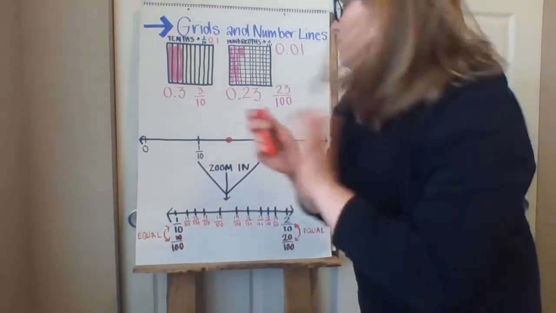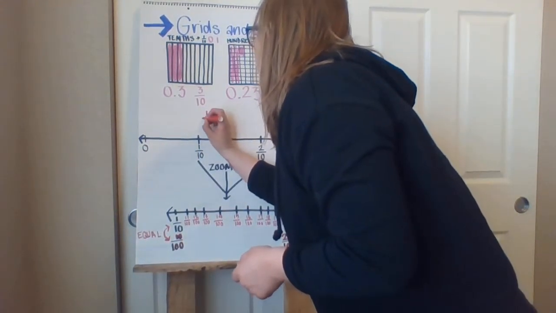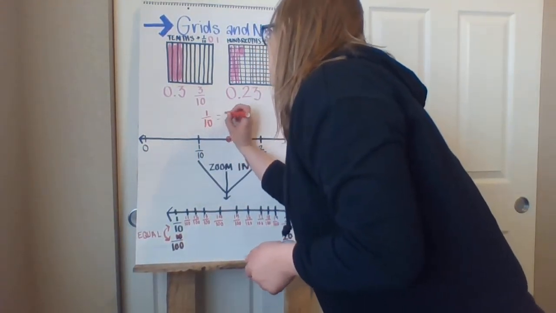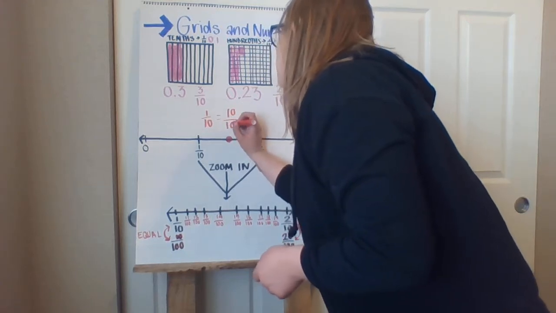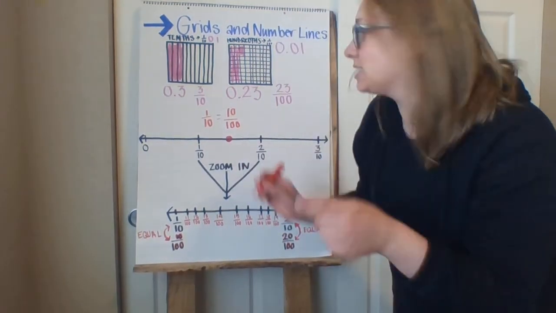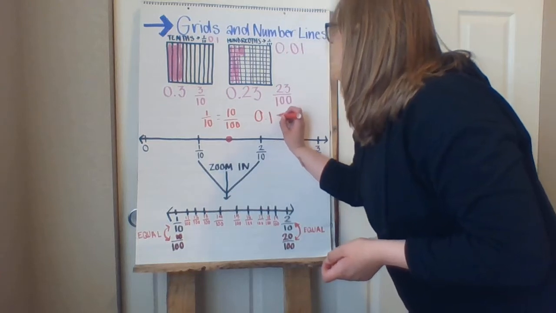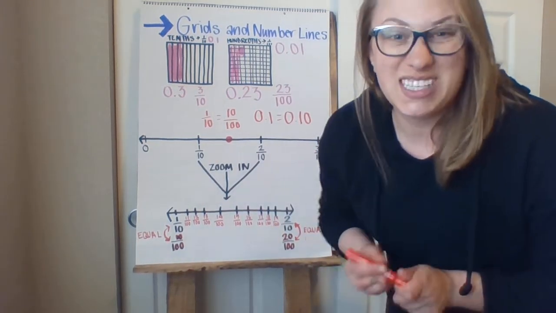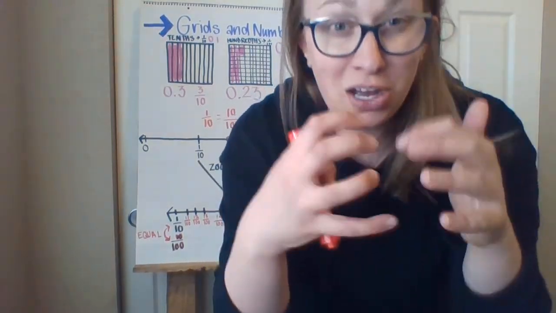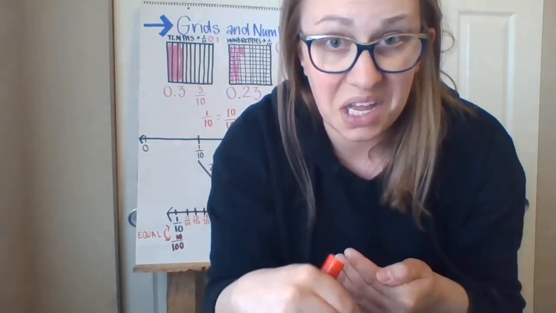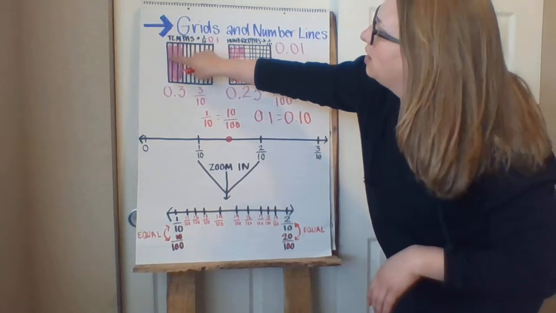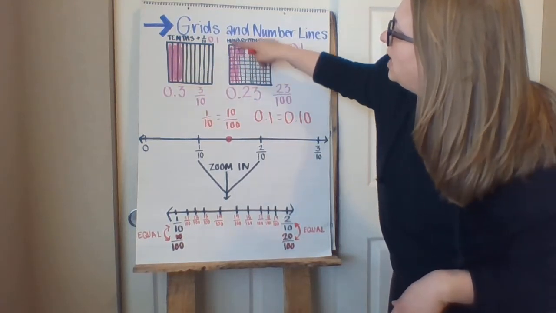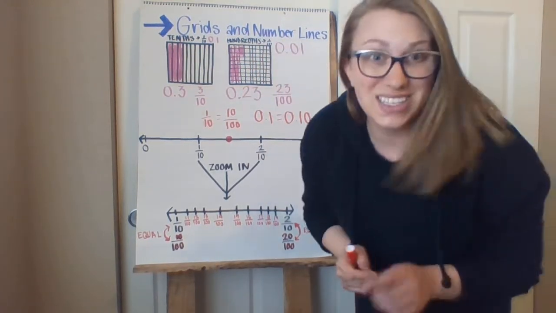Let me say that again. 1/10 is the same as 10 100ths. And if I'm writing this as a decimal, 1/10 is equal to 10 100ths. That tells me that there are 10 hundredths within a tenth, right? You can even see it right here. This is a tenth. Oh, look, there's 10 hundredths in 1/10.